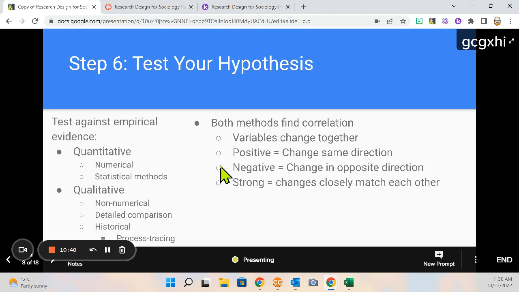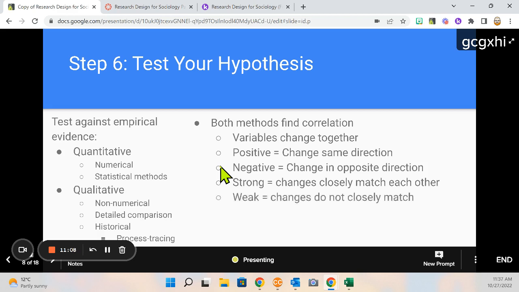If it's a perfectly strong correlation, a 1-to-1 correlation, for every 1% Jalen gains in wealth, Jalen will gain 1% in happiness. And for those of you that are math inclined, don't worry about compounding interest. Just keep it simple and enjoy the simple illustration.